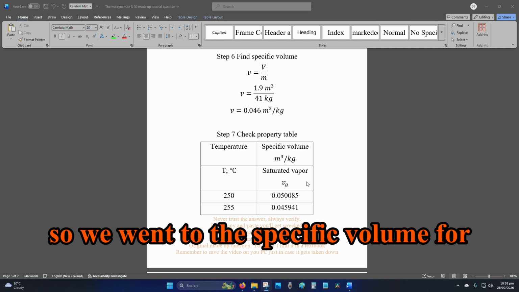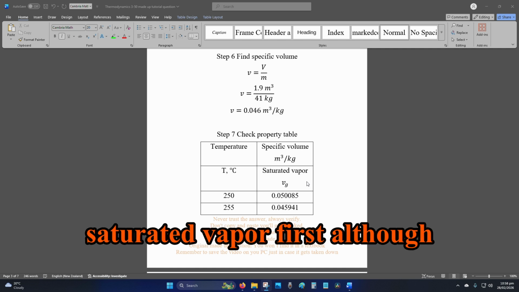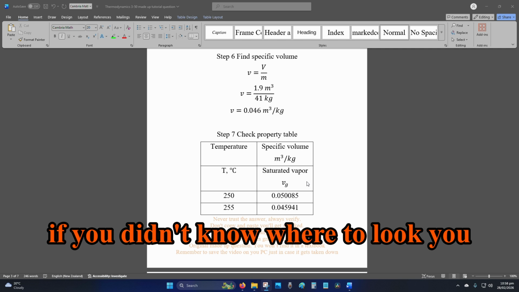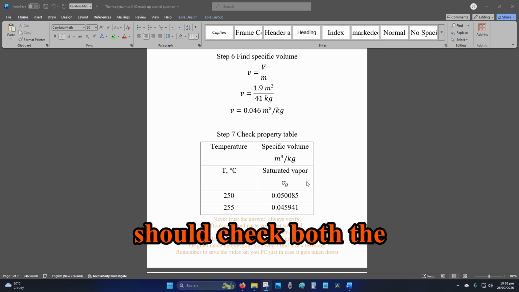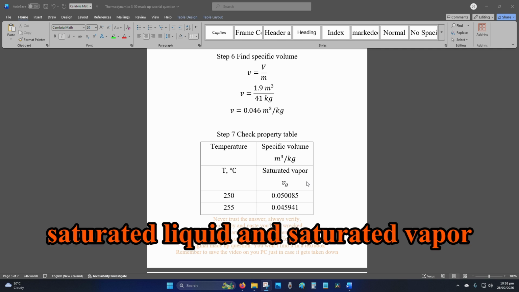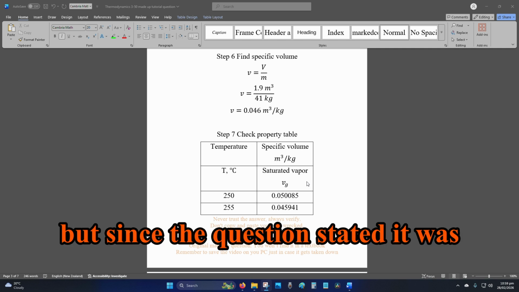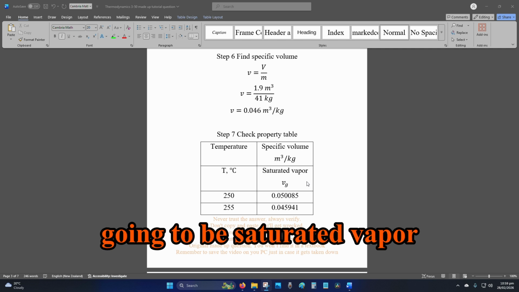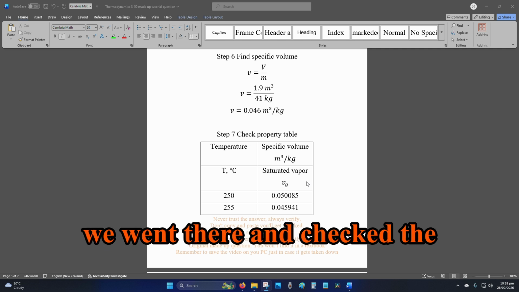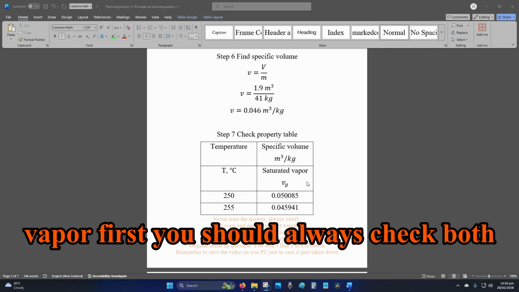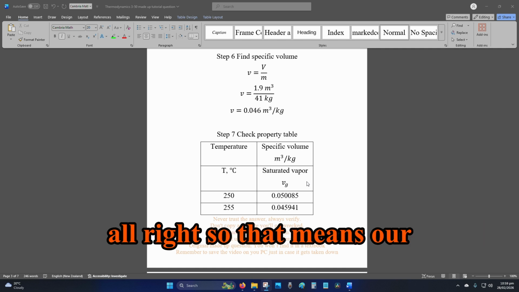So we went to the specific volume for saturated vapor first, although if you didn't know where to look, you should check both the saturated liquid and saturated vapor. But since the question stated it was going to be saturated vapor, we went there and checked the vapor first. You should always check both.